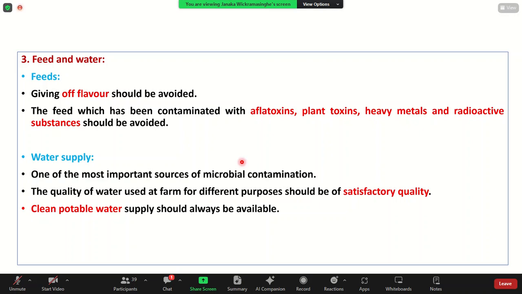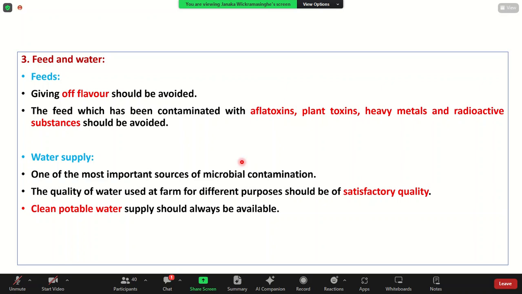When we consider the type of water, we have to assure we provide very good quality water, right? It should be away from any contamination, specifically microorganisms, right? And we also have to have clean, high quality water, right?